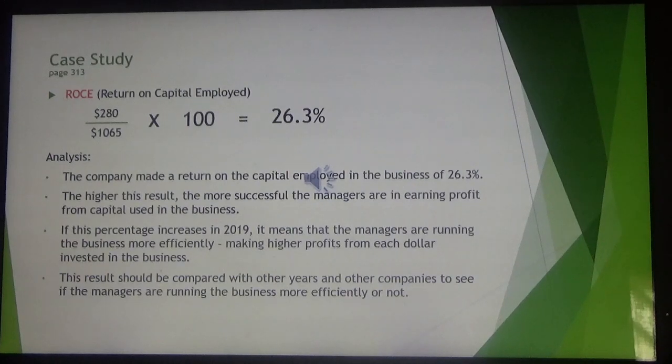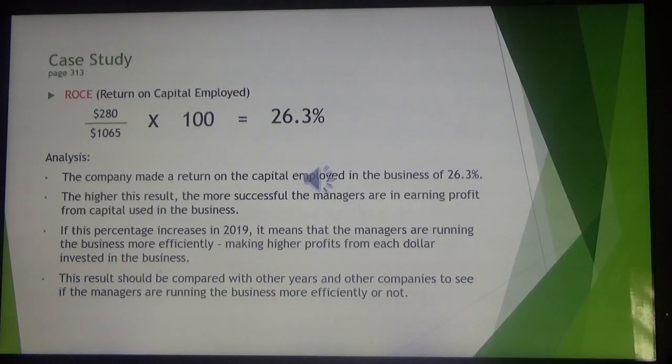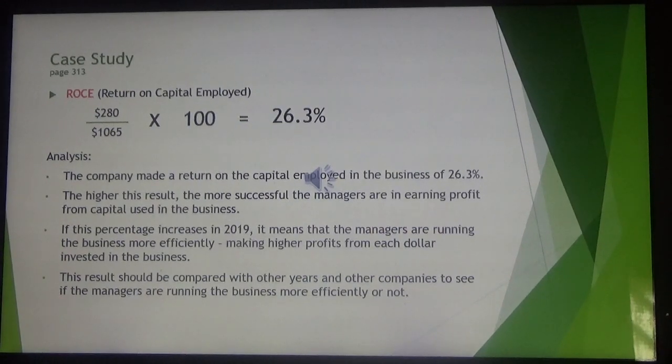This result should be compared with other years and other companies to see if the managers are running the business more efficiently or not. So if we have the figures on net profit and capital employed from 2017, we may compare that result with this result, 26.3%, so that the investors would know whether the business is doing well.